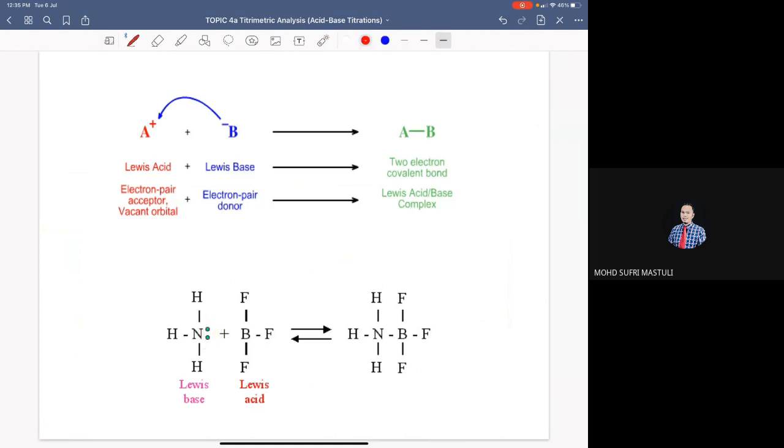The lone pair will be donated into the Lewis acid, because Lewis acid is an electron pair acceptor. Lewis base is an electron pair donor, forming the Lewis acid-base complex.